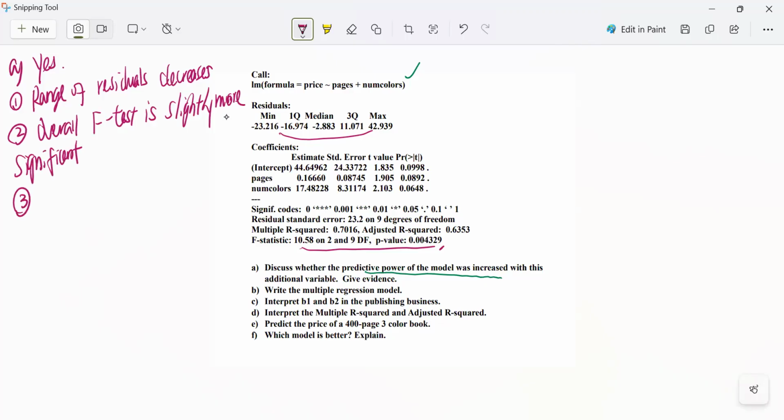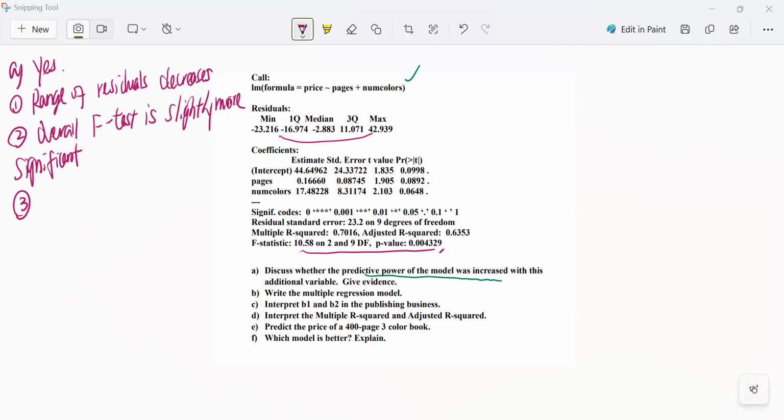Third reason, if you look at the p-value of each predictor variable, looks like it decreases, right? We can also check that on the previous question. Yeah, so pages 0.00541. Test is good. Also, if you look at the adjusted R squares, I think it's improved slightly.